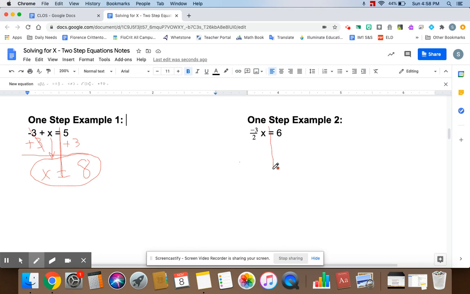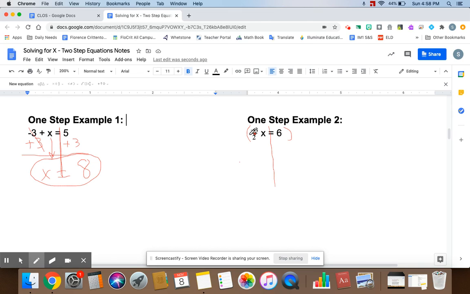So for this example, it says -3 divided by 2 times x equals 6. So this fraction is getting multiplied to x because there's no plus or minus sign in between them. So between the -3 and the 2, which one am I going to get rid of first? Remember, it's easier to get rid of the one on the bottom of the fraction. So we should get rid of the 2 on the bottom. And how do you get rid of that 2?